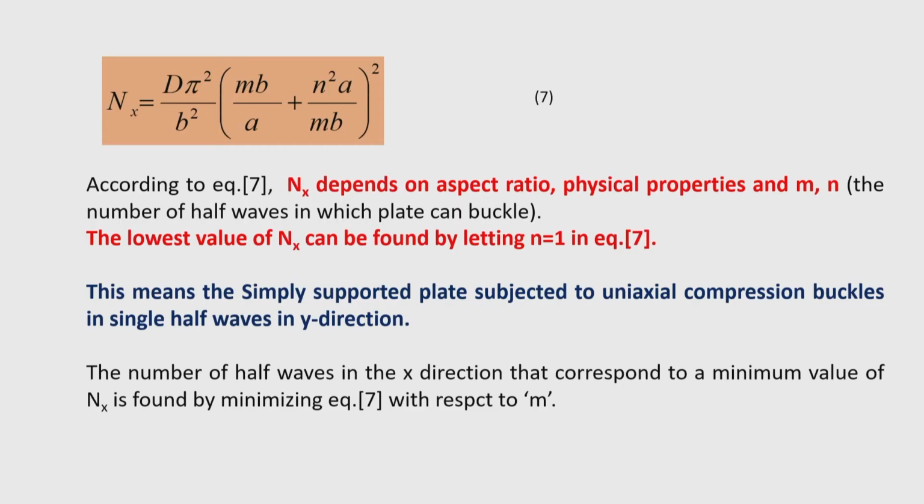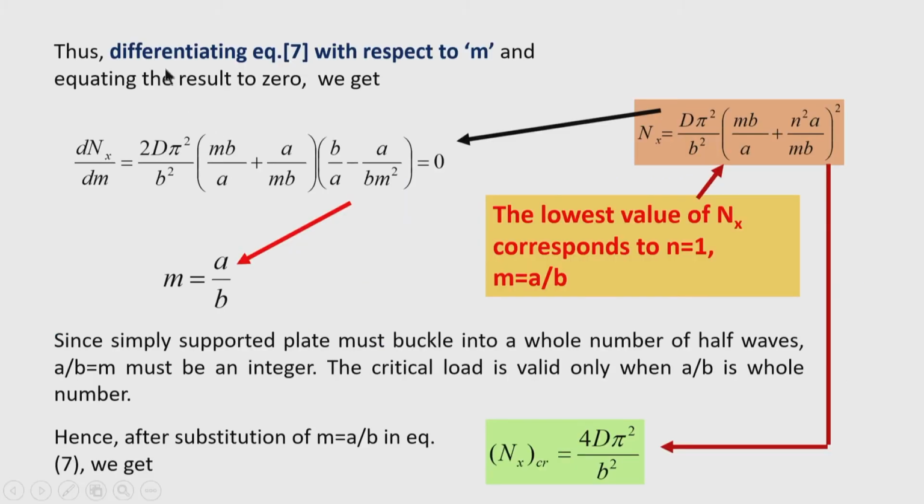So, how it can be found? Because the n x should be lowest for critical load. So, therefore, we differentiate this expression with respect to m and apply the condition of minimum value for m. Now, differentiating equation 7 is this, and n value equal to 1 is put here, that means we are getting m b by a plus a by m b.